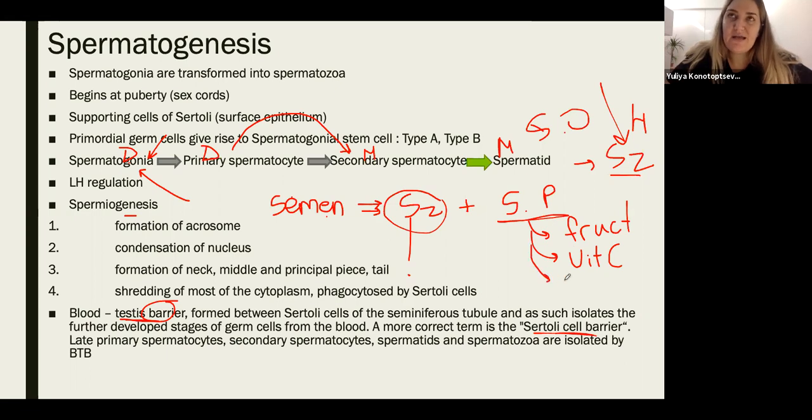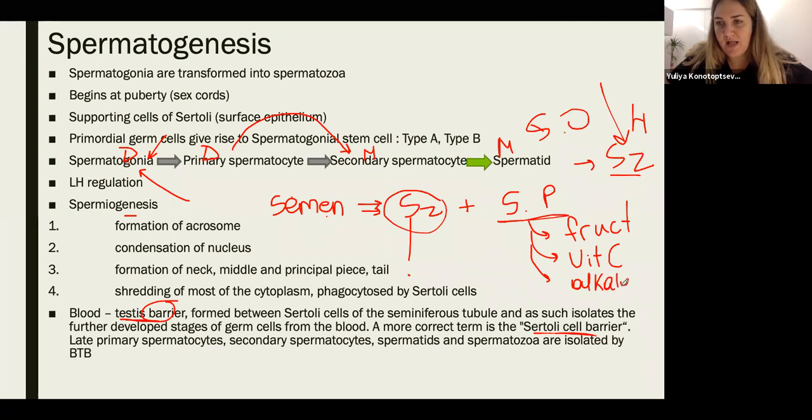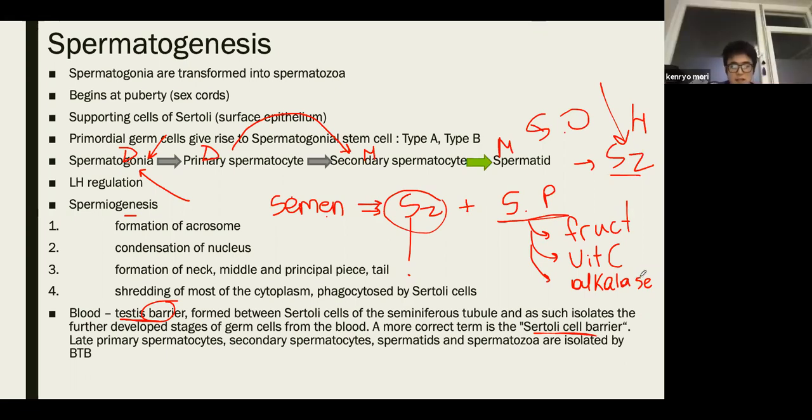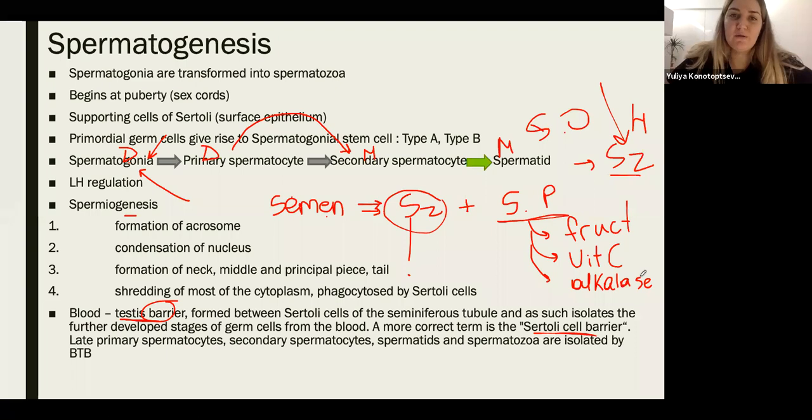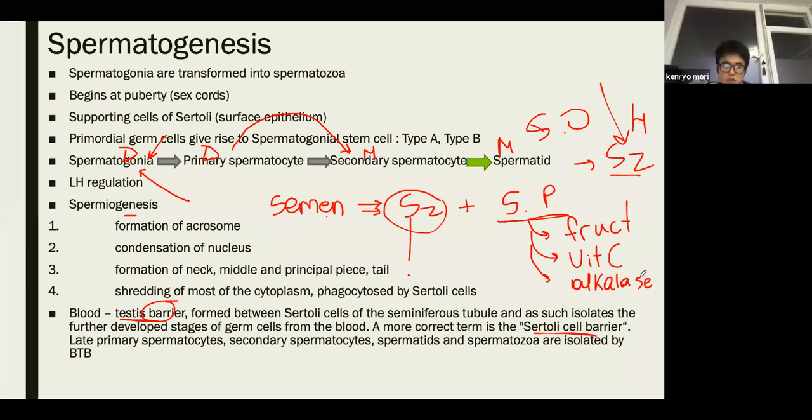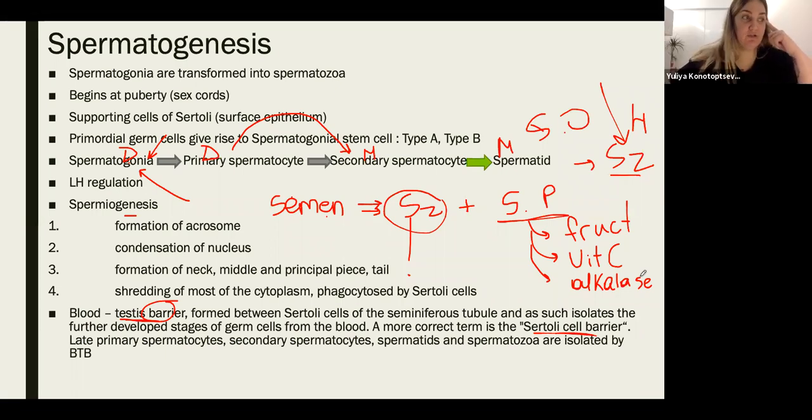It possesses alkylase. What's alkylase going to do? Keep the pH high. And why do we want to keep pH high? To neutralize the acidic environment of the female, exactly, because you know that vagina and uterus are quite acidic.